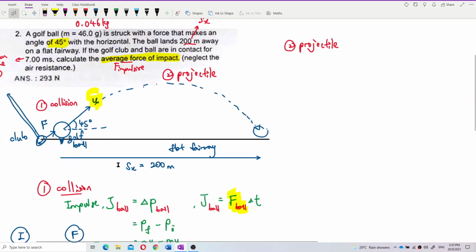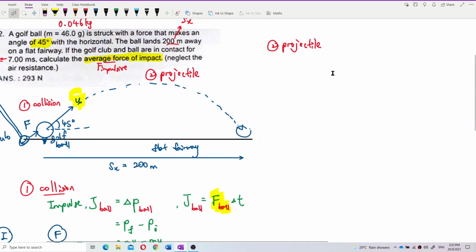We have the x displacement, isn't it? So how to do these questions? Projectile motion has two components, the x component and the y component. First of all, what we know about projectile motion is acceleration. Let's talk about acceleration first.